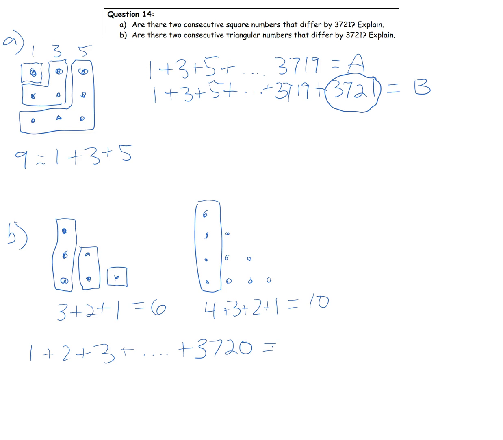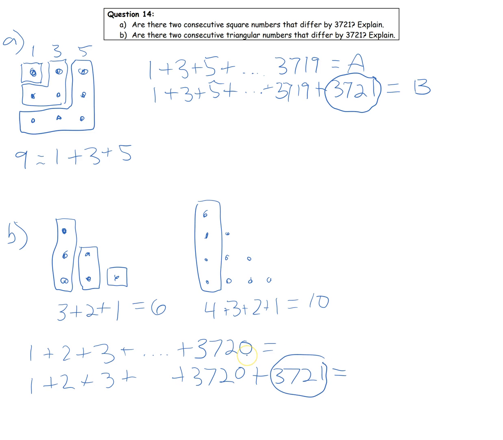And then for the next triangle number, we're going to have the same thing, plus 3,720, but we're going to add the next number, which is going to be 3,721. And so again, in this case, we have the exact same thing up, and the only difference is this 3,721.